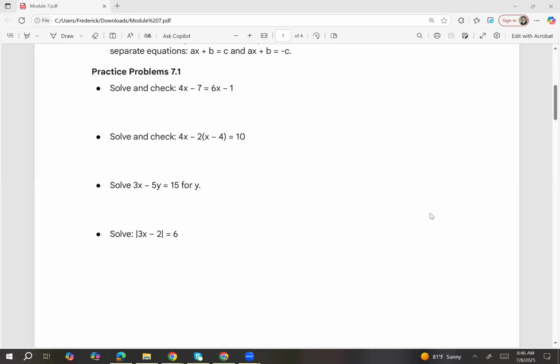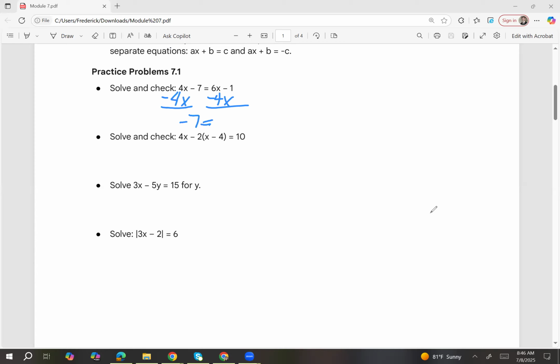What I am going to do is focus in on the variable terms and say, I want to take this 4x away from the left-hand side and also subtract that 4x on the other side to balance my operations. I get that term out of the way on the left, so I'm only left with -7.